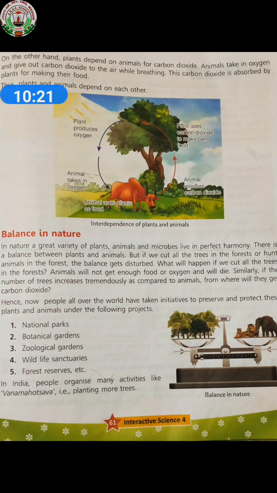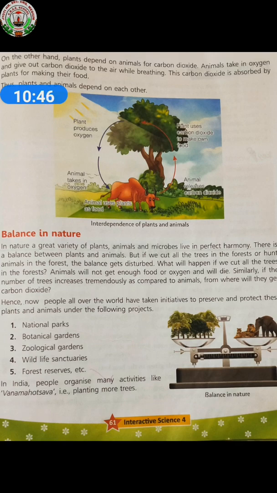Now the next one is balance in nature. In nature, a great variety of plants, animals and microbes live in perfect harmony. There is a balance between plants and animals. But if we cut all the trees in the forest or hunt animals in the forest, the balance gets disturbed.